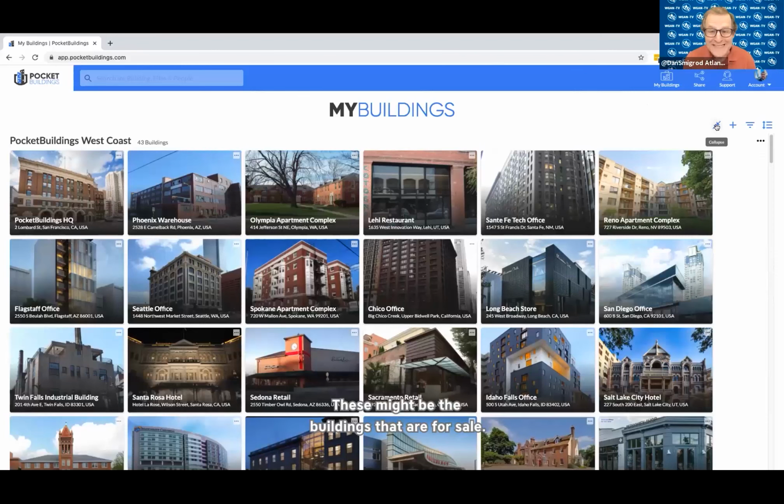These might be the buildings that are for sale. I might be a REIT where I physically own these buildings. I might be a property management company where I manage these properties even though I don't own them. So it can be organized at the big picture level of from one building to 5 buildings to one continent to multiple continents.